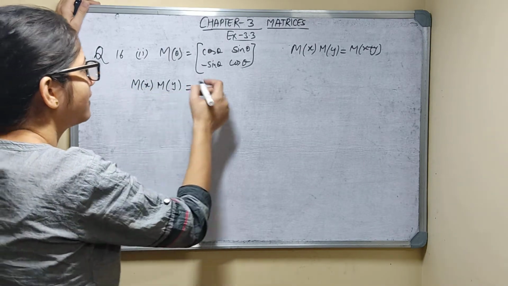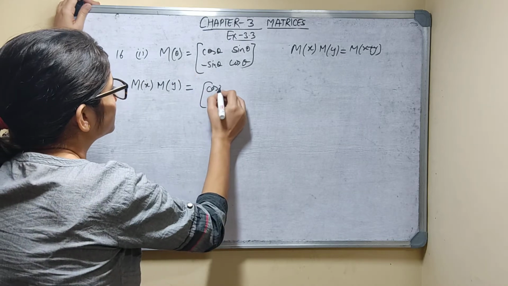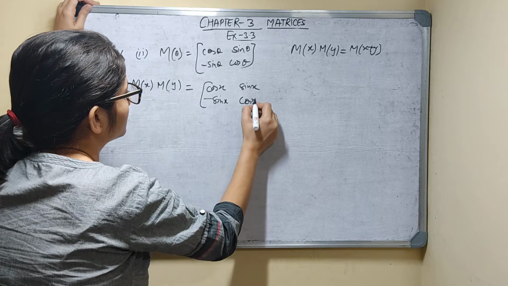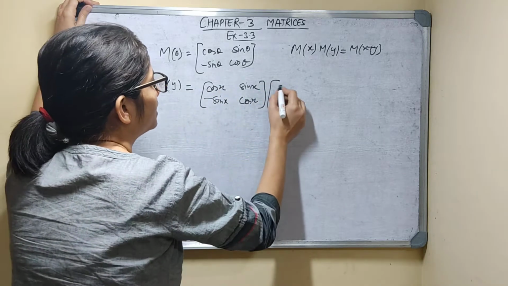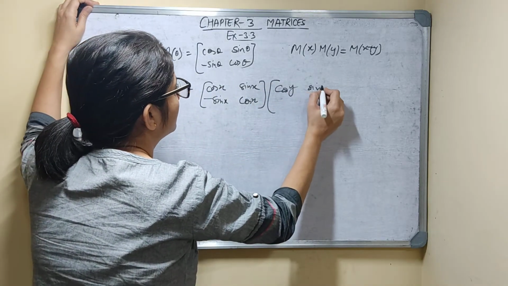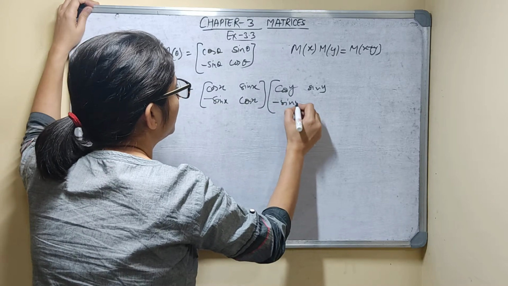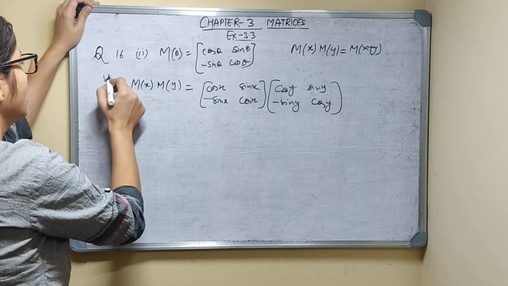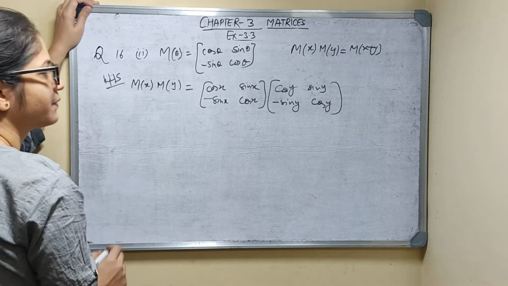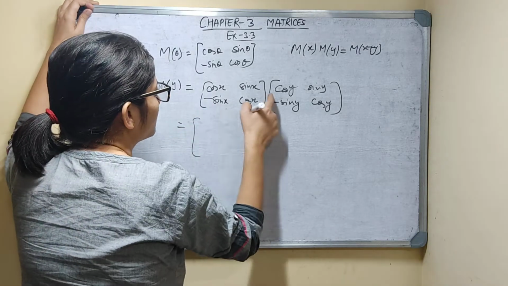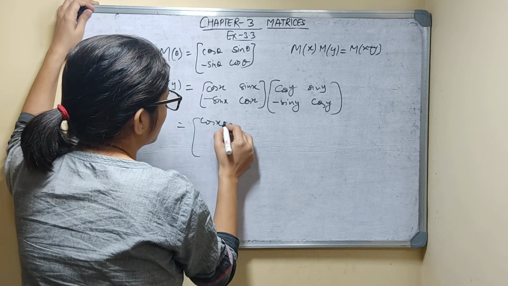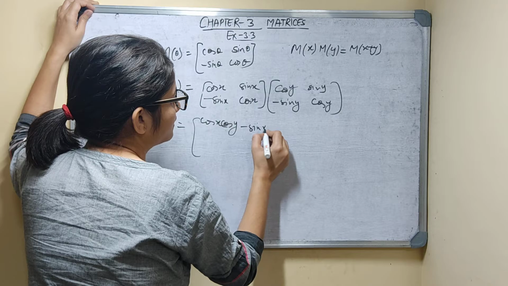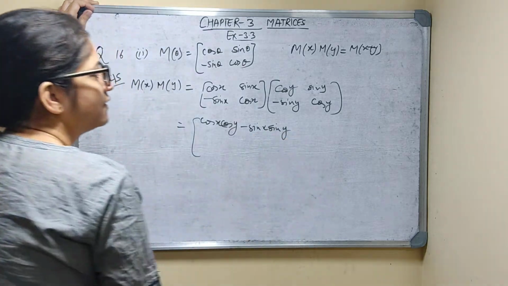So what will be m of x? You'll write cos x, sin x, minus sin x, cos x. And m of y: cos y, sin y, minus sin y, cos y. This you are solving, LHS. Now you see, cos x cos y plus sin x into minus sin y, so minus sin x sin y.